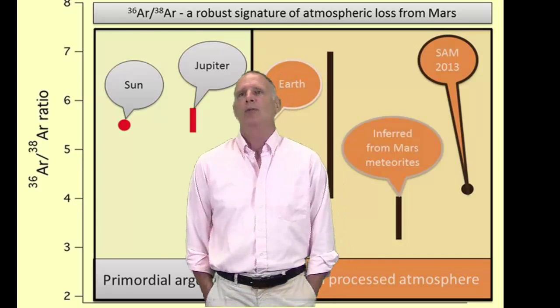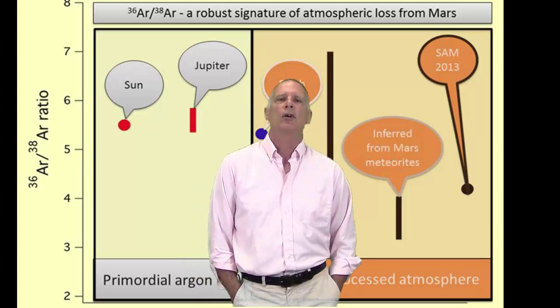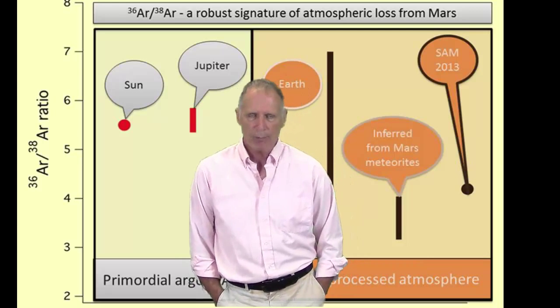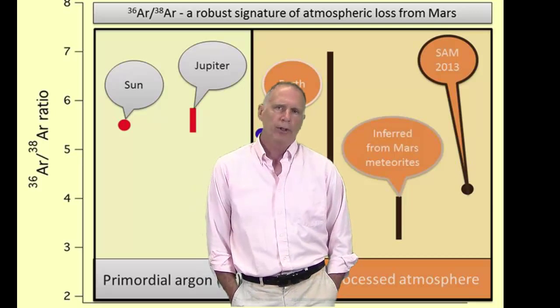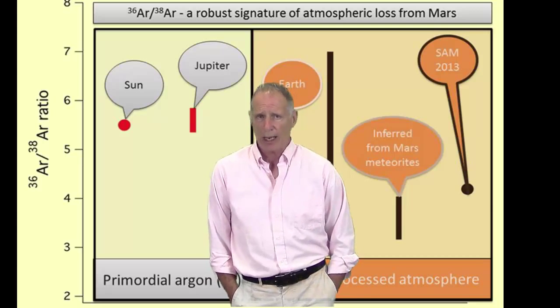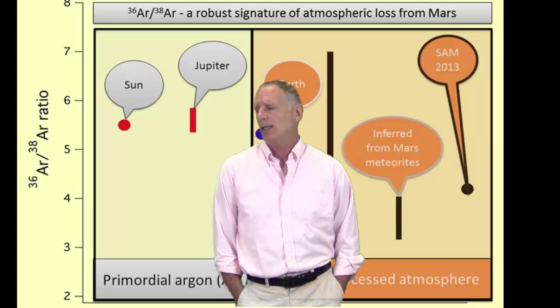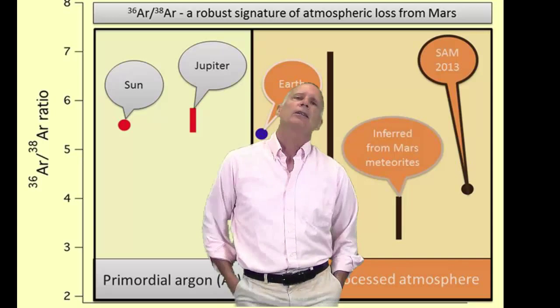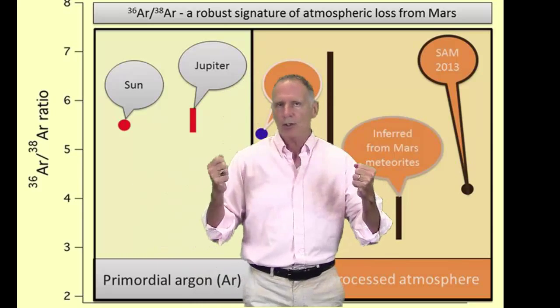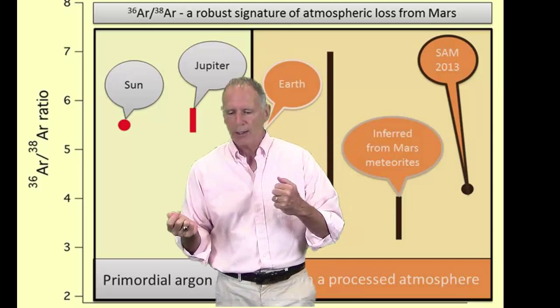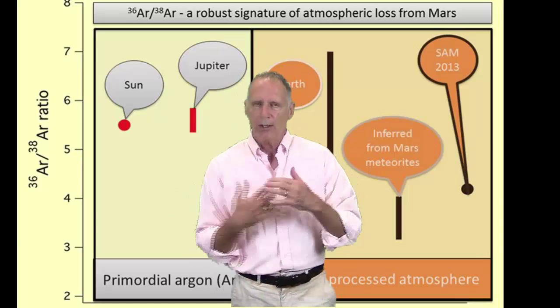What's caused that? Well, we think that some gases have escaped from the Earth, neon and other noble gases, which tend not to react with other elements, so they can escape rather easily. And here's the key. Argon-36, which is lighter than argon-38, would escape more easily than argon-38.